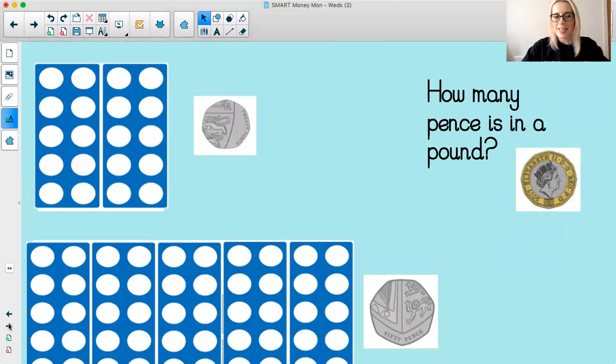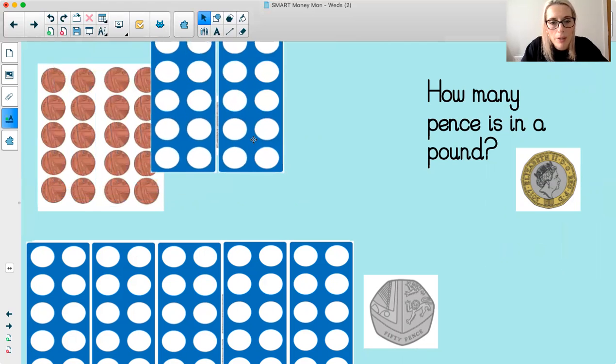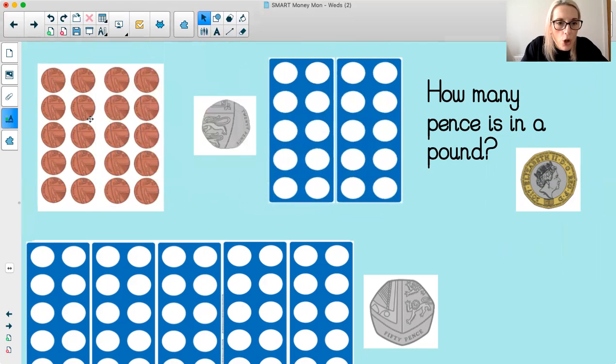Right, next slide. What about our 20p? We've got two 10 plates here because we know from using Numicon that two 10 plates equals 20. So if we move this across, oh look, we have got two lots of 10 pennies, so 20p.